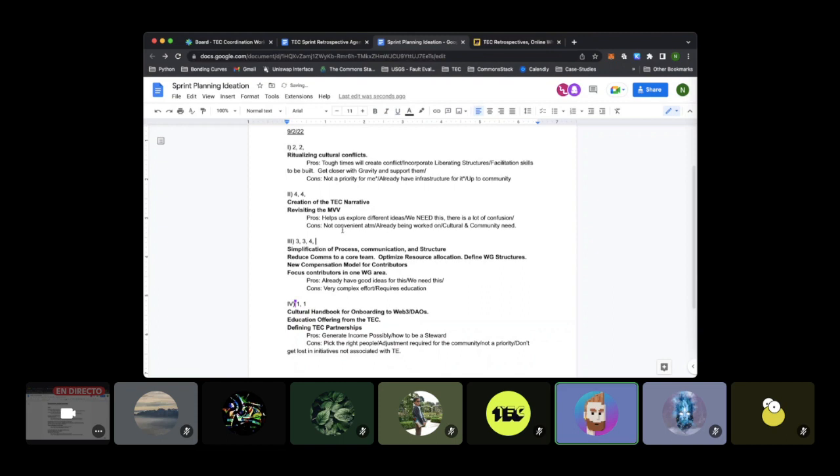About number 4, I do agree with the partnerships part, but I feel that the cultural handbook, even though it's something valid that we have to address, the whole purpose of the TEC is going to be much clearer once we have a first generation of token engineers for whom this is their Schelling point, which is our objective.